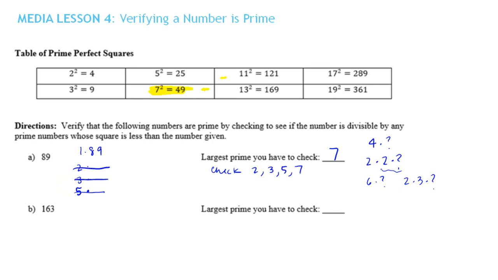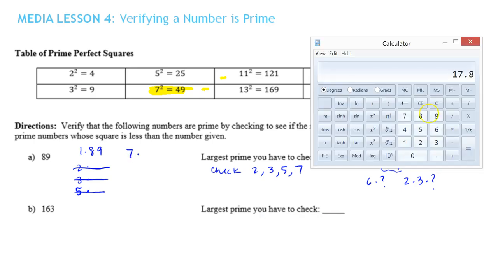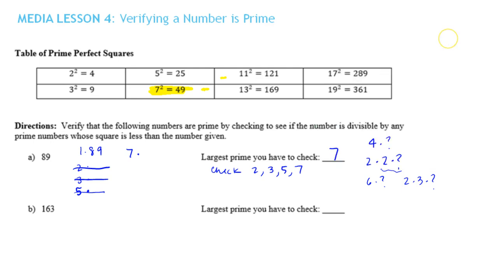So we don't even need to check 6. Finally, we check 7. If we divide 89 by 7, we see that there's a remainder because there's a decimal there, so it is not divisible by 7.